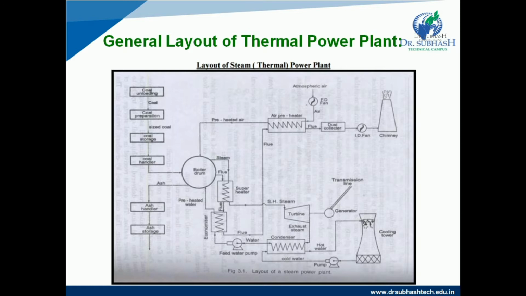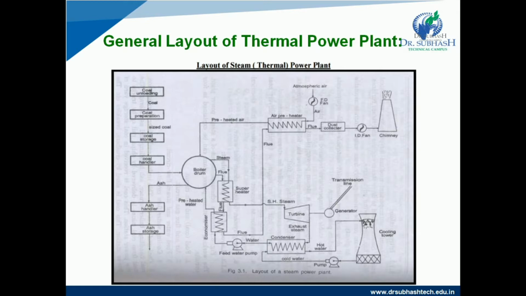Thus, a thermal power plant is sometimes called a steam power plant. Why? Because the steam passes through the steam turbine, is condensed in the condenser, and is fed back to the boiler to become steam again. That's why it is called a steam power plant.